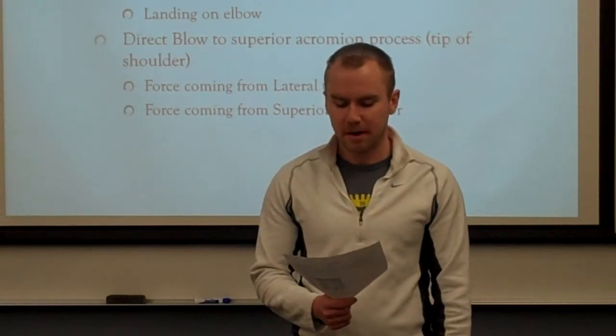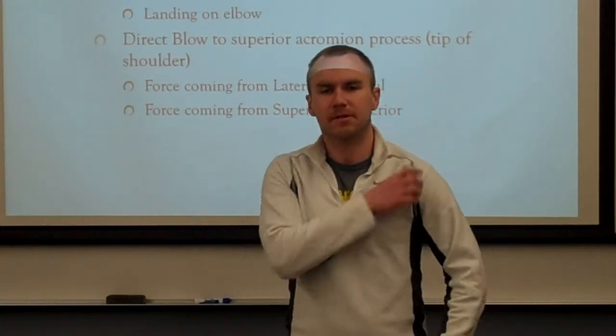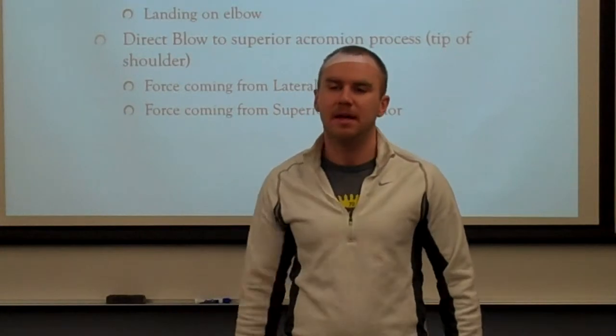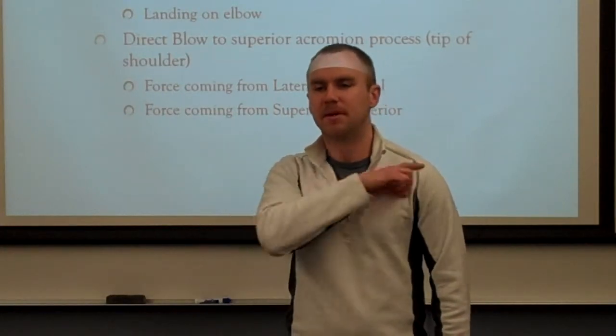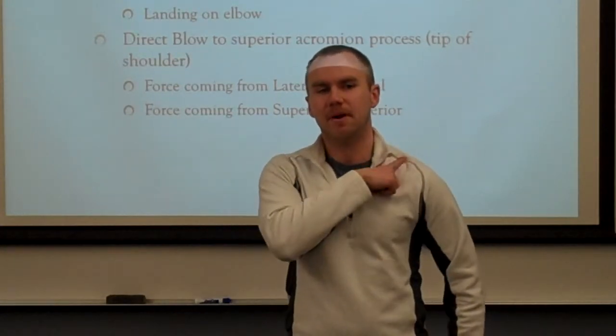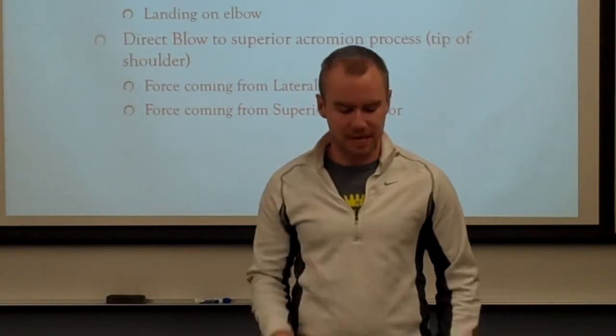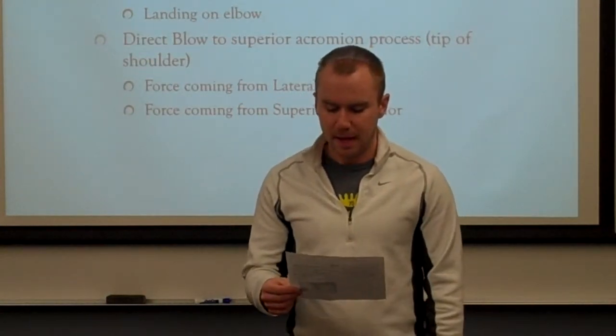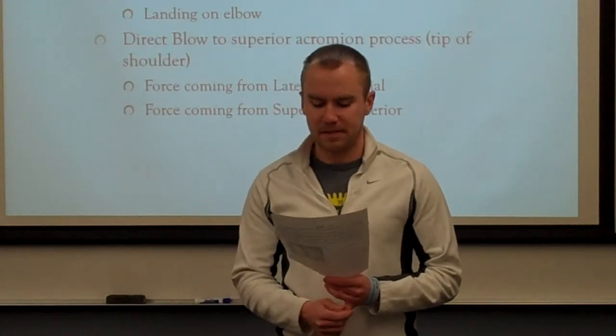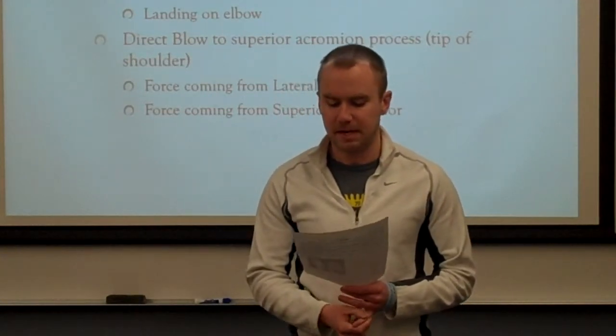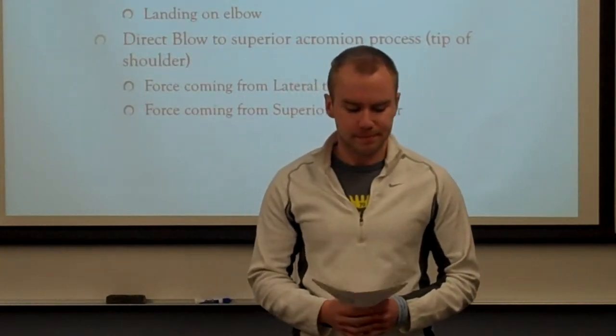Grade 5 is the same as grade 4, but the displacement of the clavicle is 1 to 3 times the height of the uninvolved limb. So if you compare them bilaterally, you'll see that one clavicle is sticking out 1 to 3 times more in height than the other one. And then grade 6, the most serious, is where the clavicle is displaced inferior, underneath the coracoid.